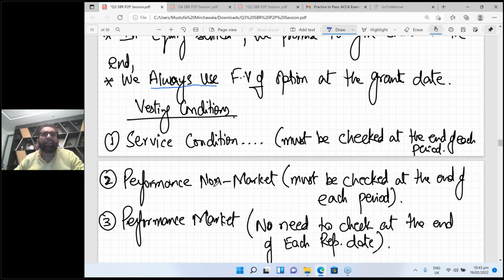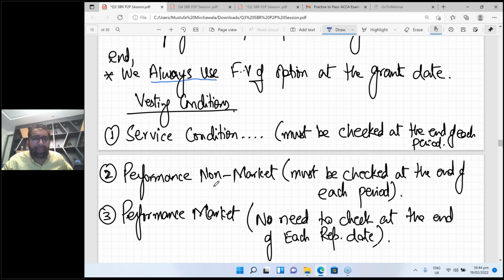The treatment of performance non-market conditions will be the same as service condition. You must check at the end of each reporting date whether it will be fulfilled or not, so you have to revise your expense at each reporting date.